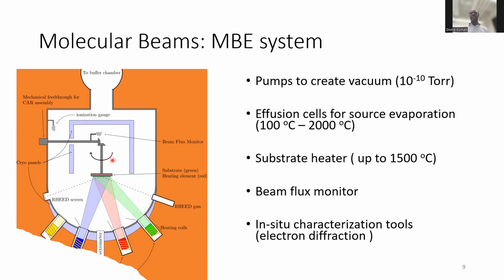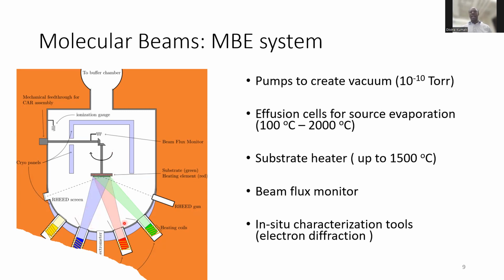So in these particular systems, you're forming a molecular beam because of the ultra-high vacuum and the fact that when you heat up the material, you give the molecules or the atoms some kinetic energy, so they start to move, and there's nothing to cause them to scatter. So they're going to form a nice straight beam all the way up to the substrate on which you want to grow.